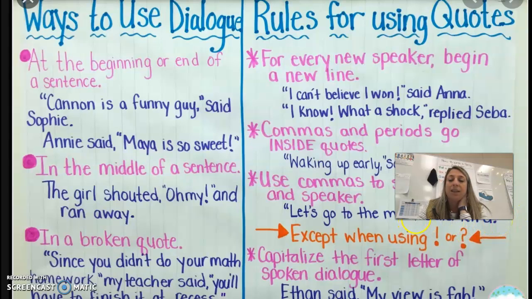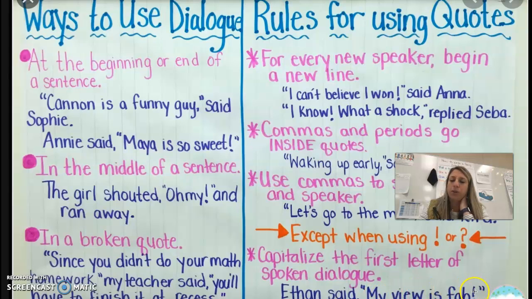Notice the commas on the inside of these two quotation marks, except for when we use an exclamation mark or a question mark. We want to make sure we always capitalize the first letter of the spoken part, like it's a new sentence, even if it's not.